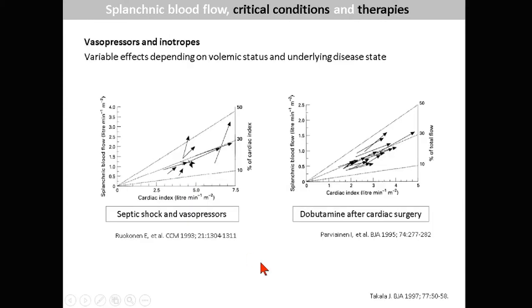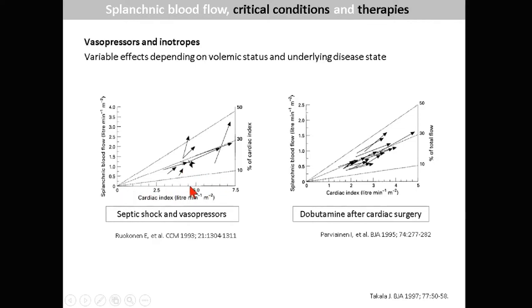What do the vasopressors and inotropes do for splanchnic circulation? Variable effects depending on volume status and underlying clinical disease. Septic shock and increased use of vasopressors, and you see here from the group of Jukka Takala, they did a series of these experiments or clinical trials in Finland.